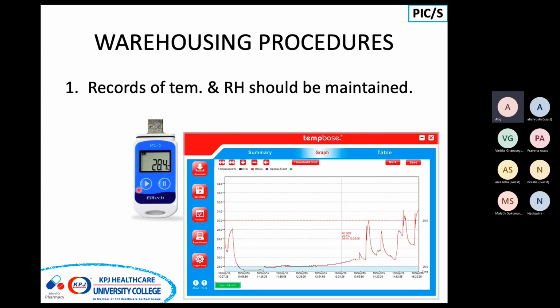Probably it will take the reading at a certain interval of time that you can set. Maybe every 15 minutes, every 10 minutes, or some might have 24 hours records. So it depends on how you want to record the temperature and humidity.